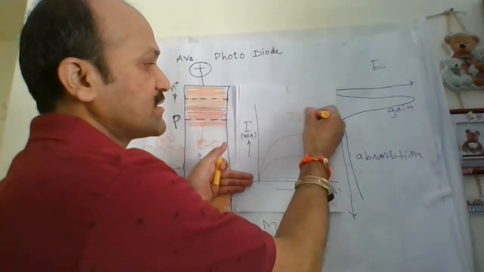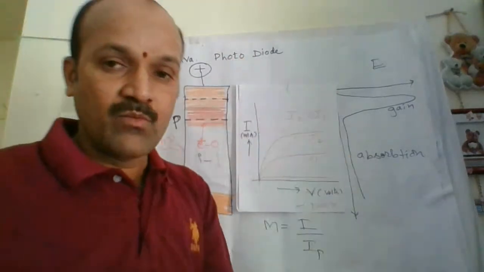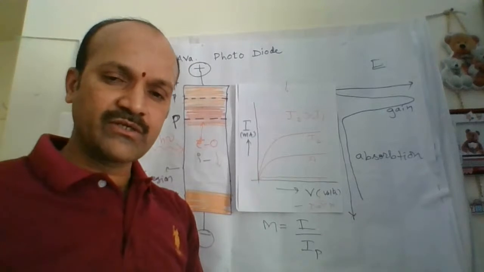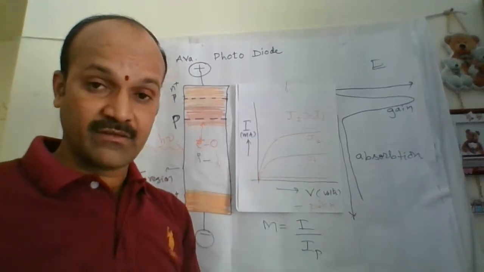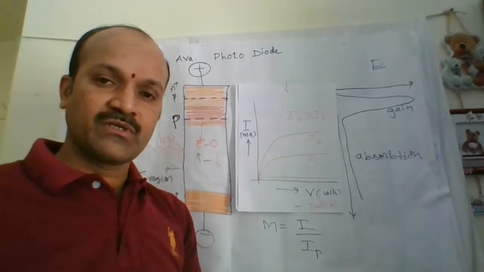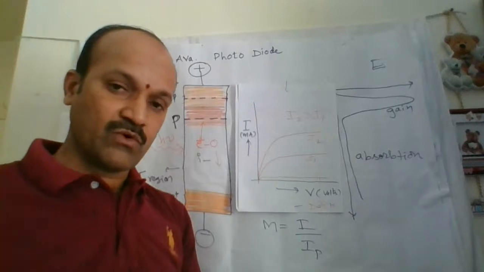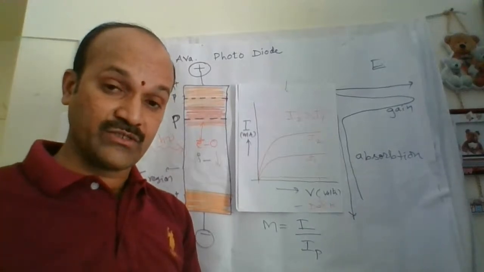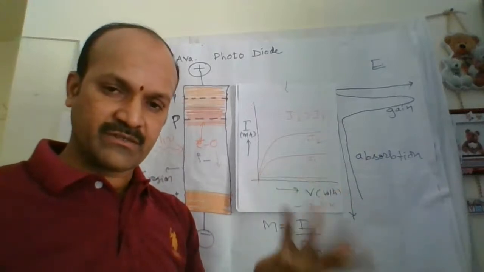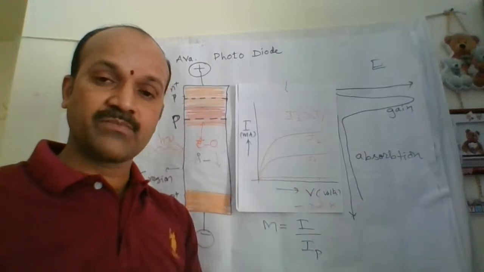When intensity is increased, obviously more electron hole pairs will be generated. So in this way you can detect the light. In many transmission systems, if you want to detect light and convert light energy into electrical energy, we use detectors. One is the PIN photodiode, one is the avalanche photodiode.